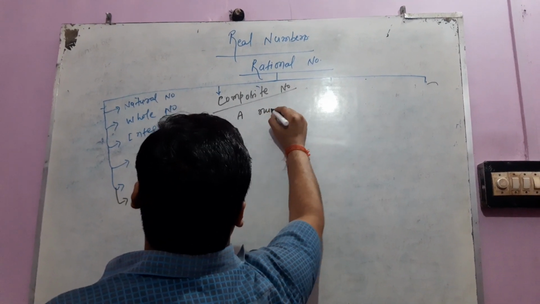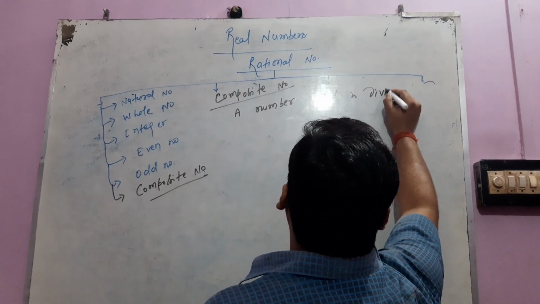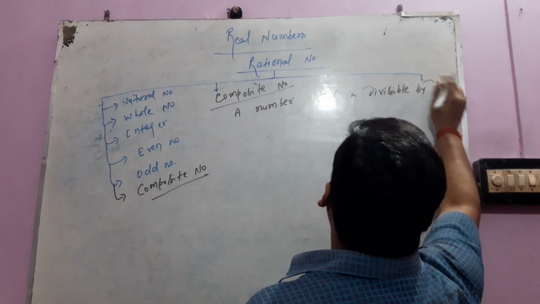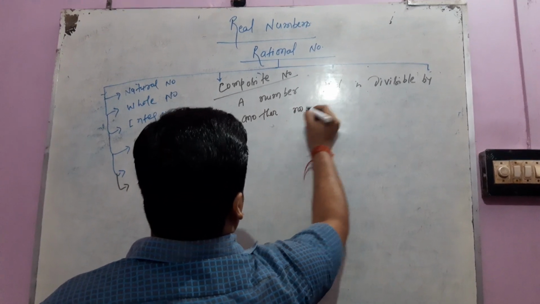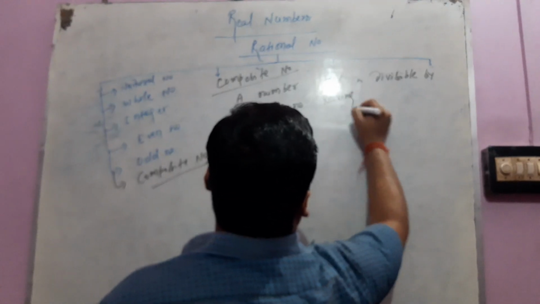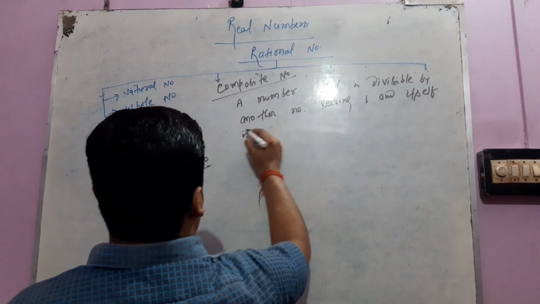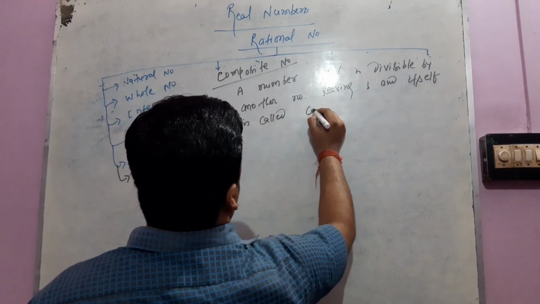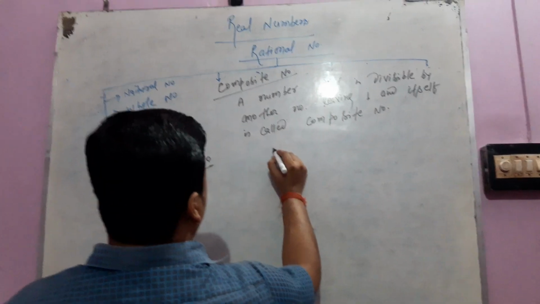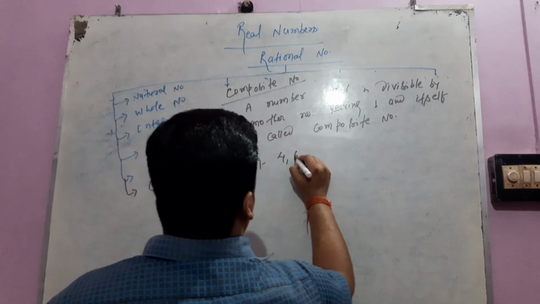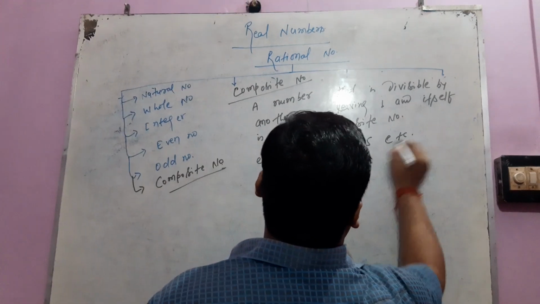A number that is divisible by another number, leaving 1 and itself, is called a composite number. For example, 4, 6, 9, 8, 10, 15. These are all examples of composite numbers.